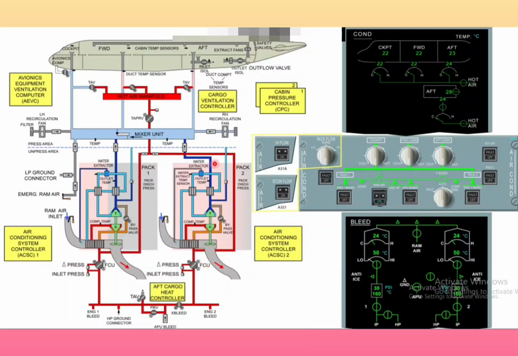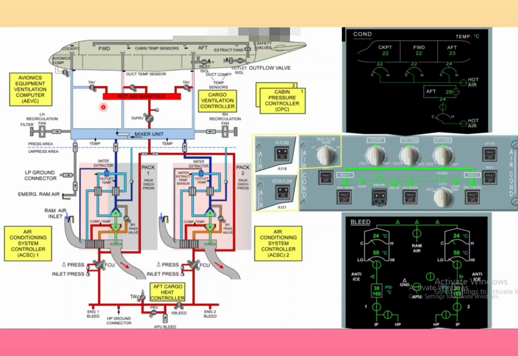You can see there is a trim air pressure regulating valve, so that will control all three zones: cockpit, forward and aft cabin. The hot air trim air control valve controls this if you want to make the cabin a little hot. So all three zones have three different controls in the cockpit, that is trim air control.